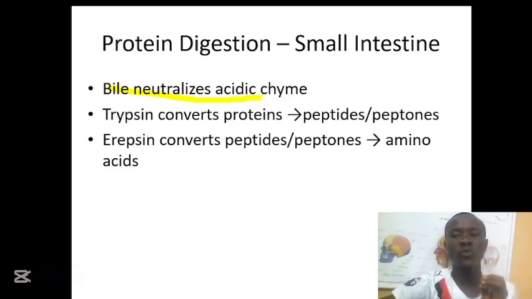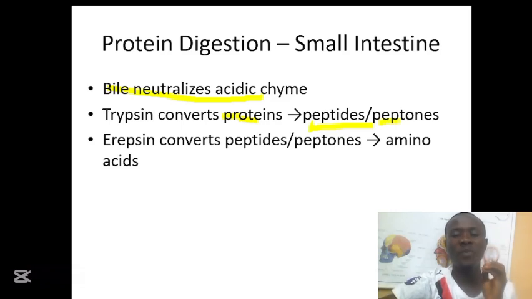The pancreas produces what we call the pancreatic juice. That pancreatic juice contains a lot of enzymes, but we are just going to talk about the enzymes concerned with digestion of protein. So that pancreatic juice, which is released through the pancreatic duct into the duodenum, contains enzymes called trypsin, chymotrypsin, etc. The trypsin and chymotrypsin will help to convert protein into peptides and peptones.